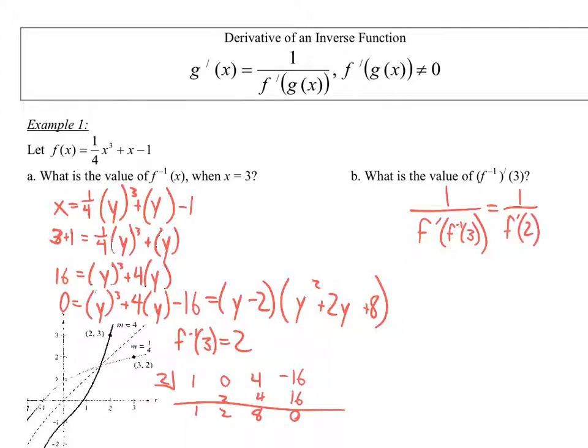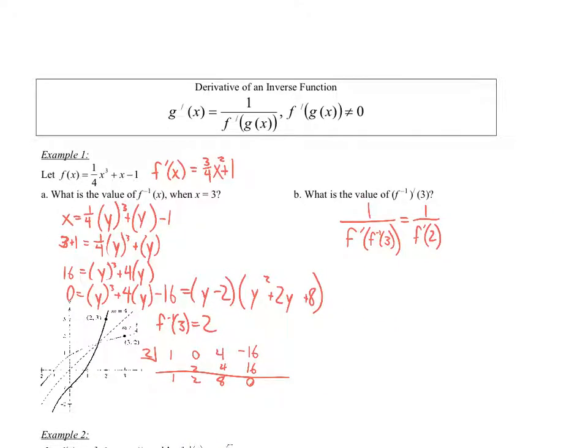Well, what's f prime of 2? Let's come back up here. f prime of x is 3/4 x squared plus 1. So f prime of 2 is going to be 3/4 times 4 plus 1. So 3 plus 1 equals 4. So the derivative of the inverse at 3 equals 1/4.